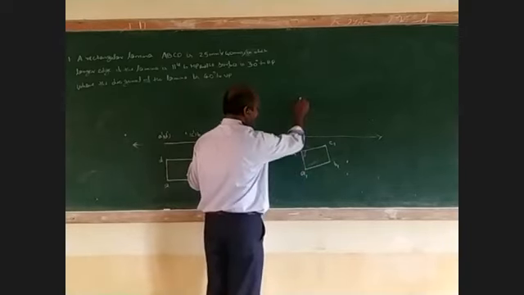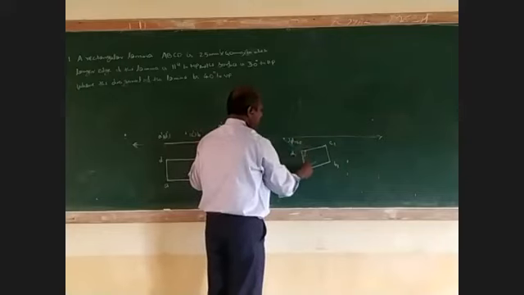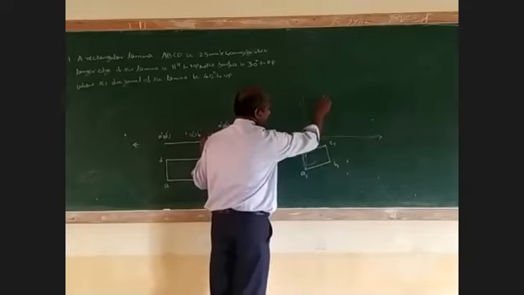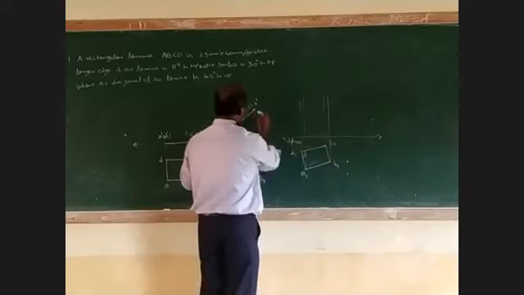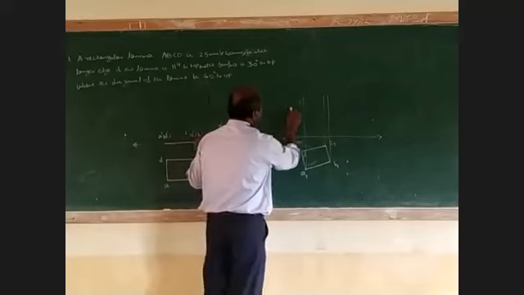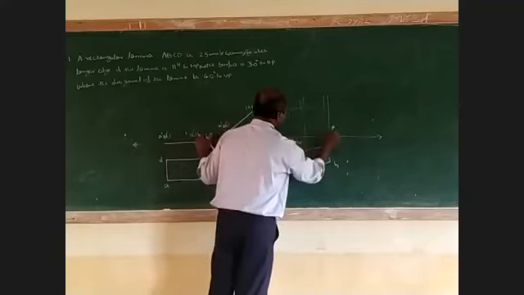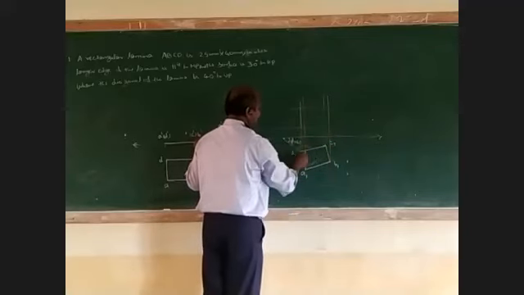Then you draw a line perpendicular to the reference line. Then draw a line parallel to the reference line. You mark all the points.